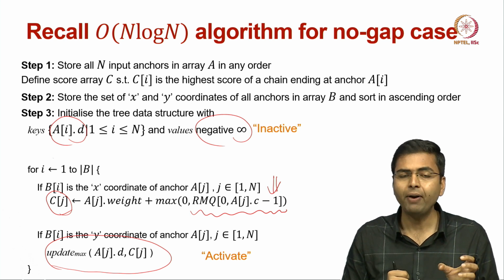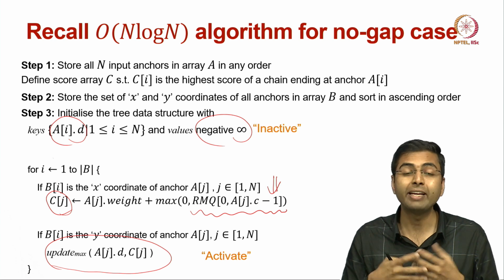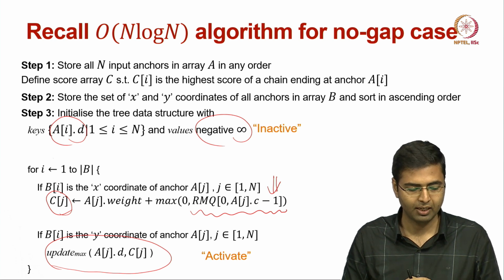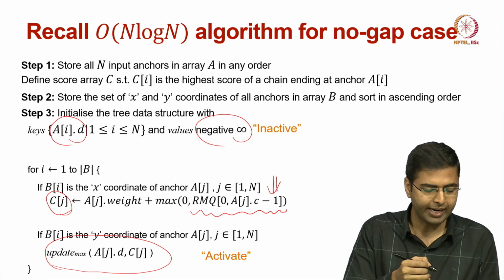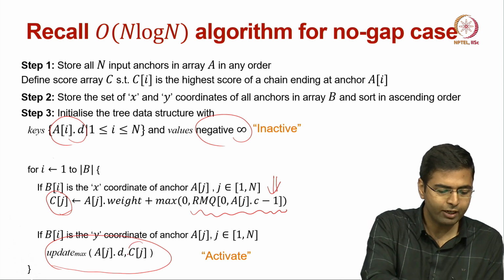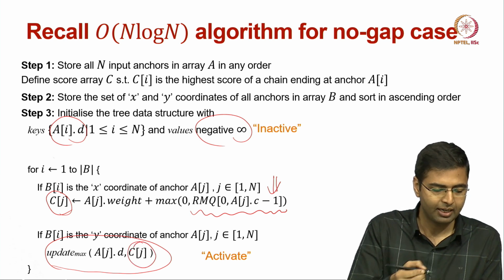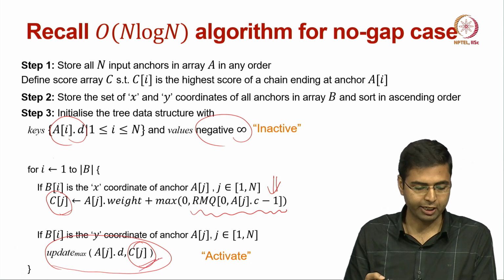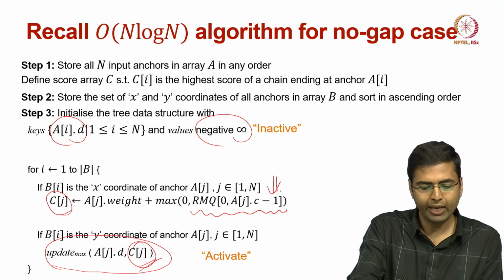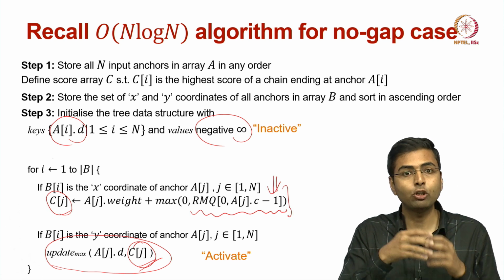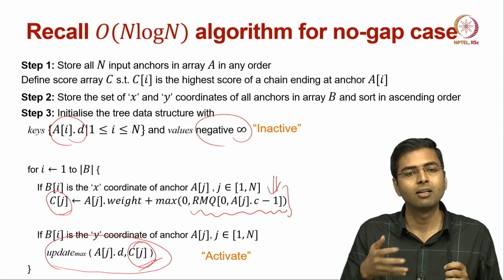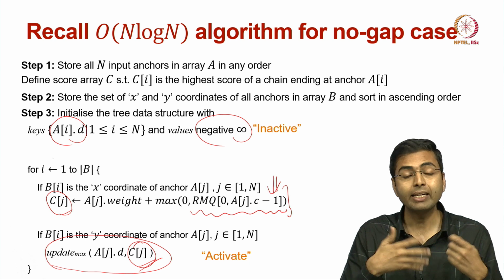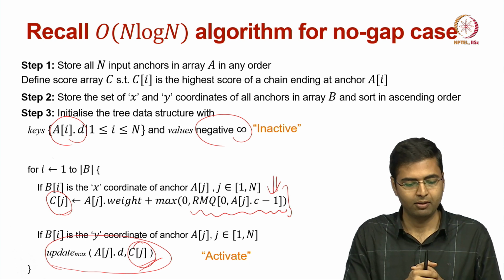So, how do we modify this algorithm to also account for gaps, right? In this case, we are setting a priority of each anchor by its score Cj, and then in the query we are asking, given the range of interest, give me the anchor with the highest priority, right.